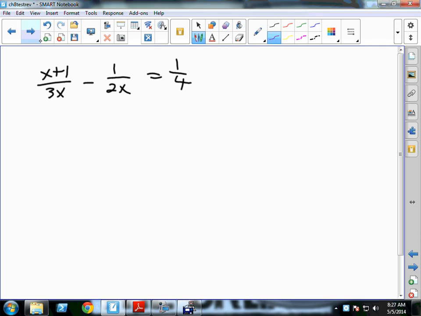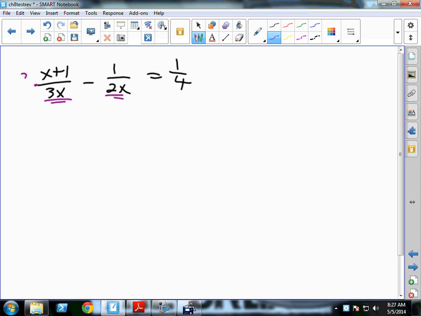All right. Well, we haven't seen one like this in a while. The goal is to get a proportion. We don't have one. We have a fraction plus a fraction equal to a fraction, but we don't have a proportion. It'd be nice if we did, but we don't. So I'm going to get a proportion by getting a fraction on each side. With 3x and 2x, the least common denominator would be 6x.